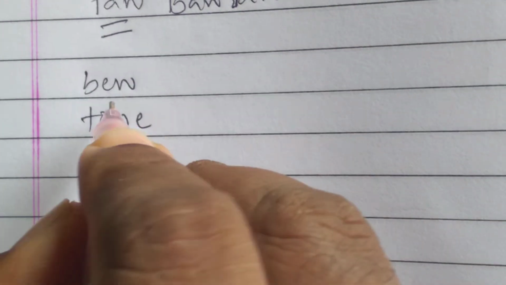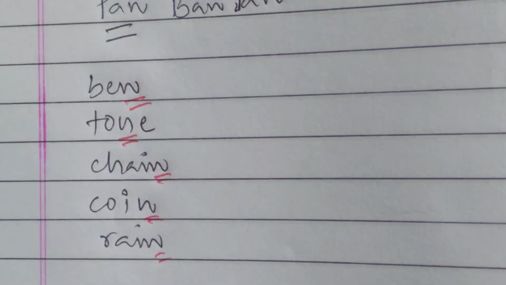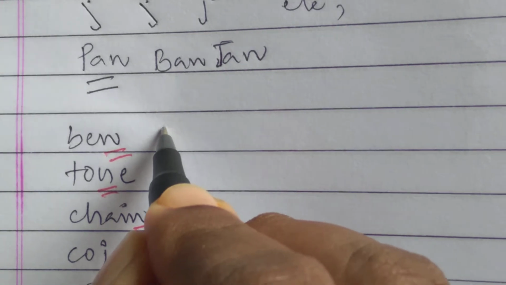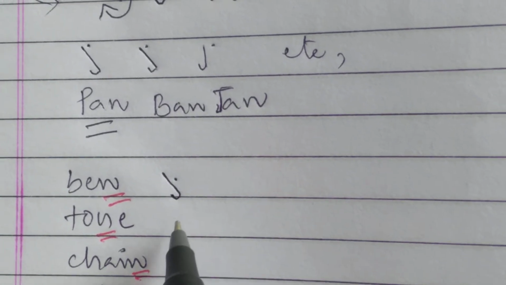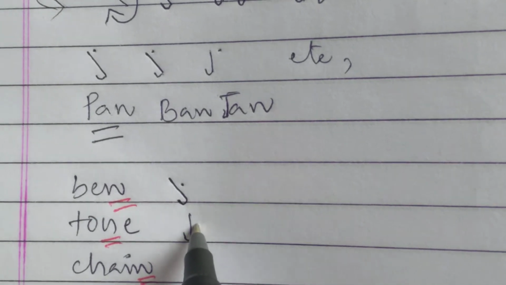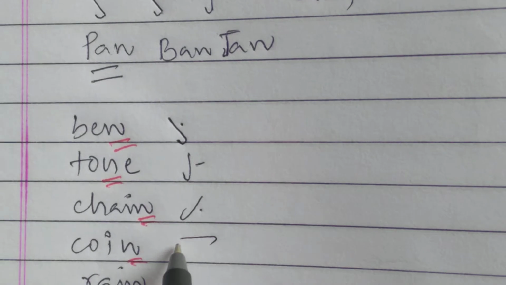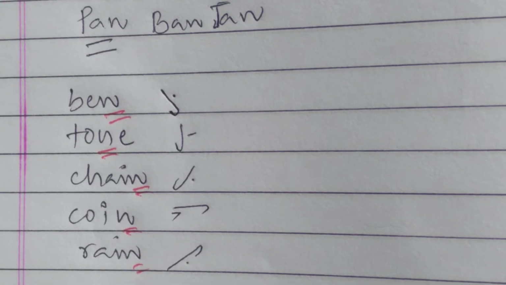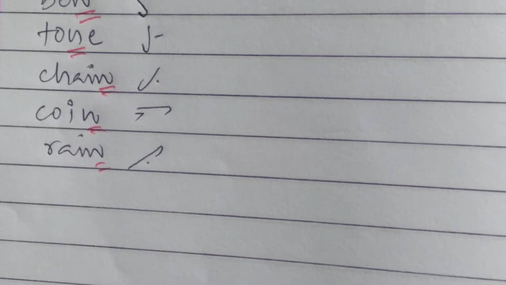All N sound, N, N, N, N, etc. Ben means on the line A sound, B plus N hook, ben. Tone, chain, coin, rain, like this. This is the story of the N hook with right motion.